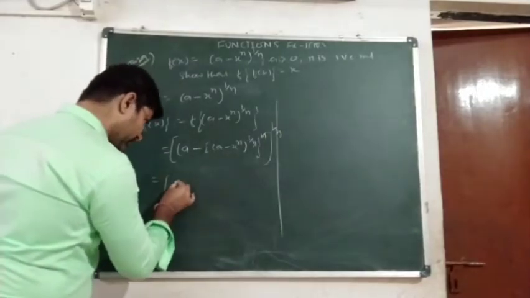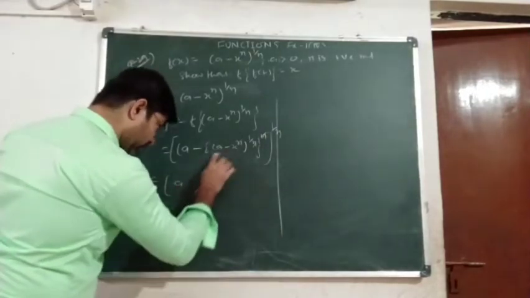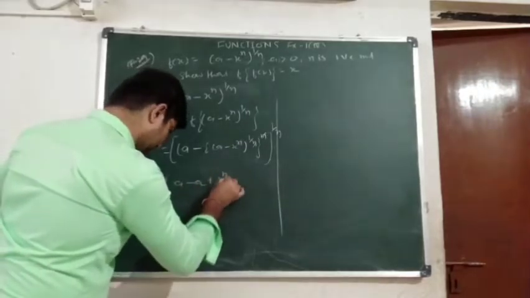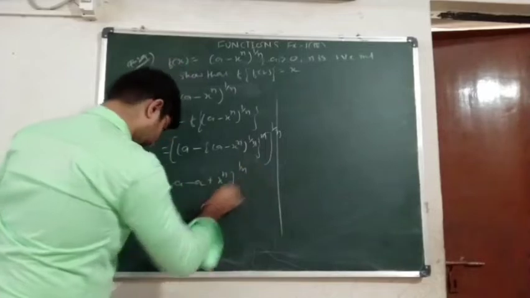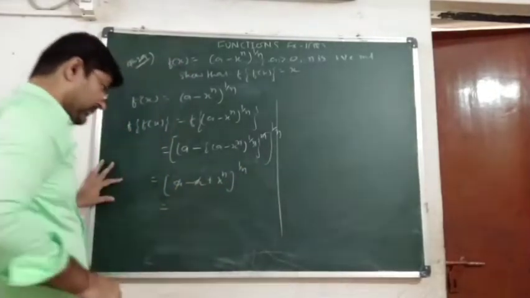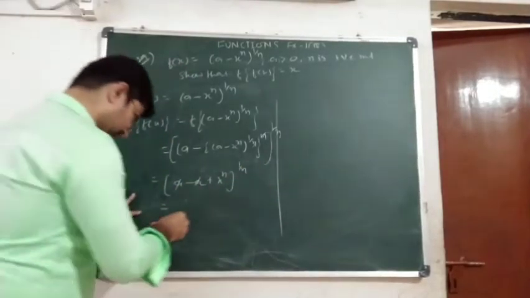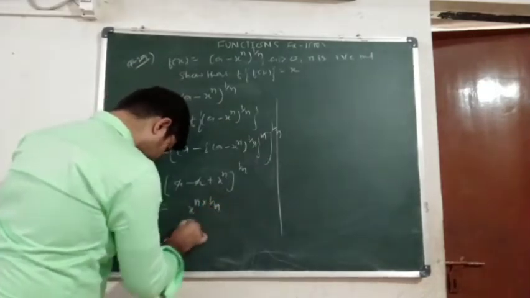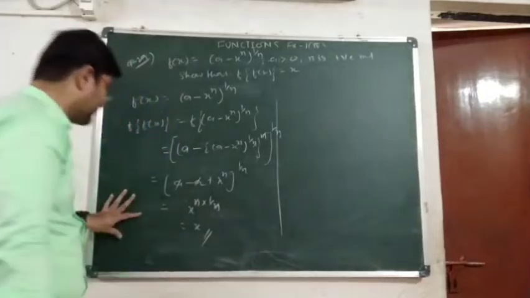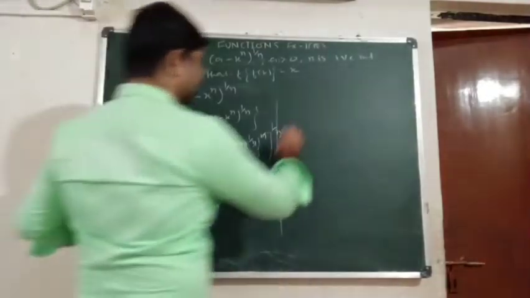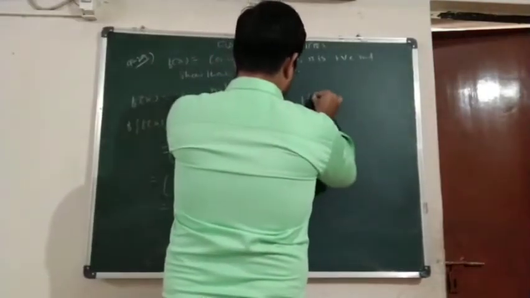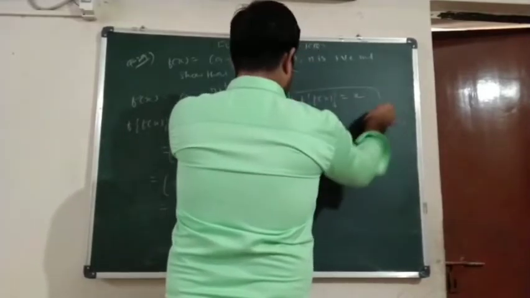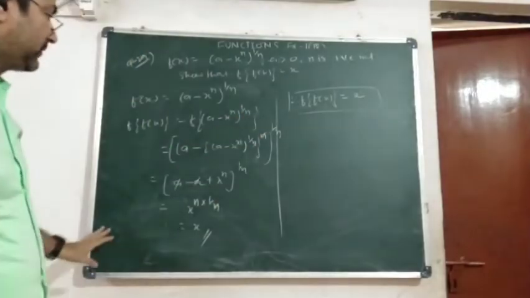So we will get a minus, open this bracket, signs will be changed, so a minus a plus x raised to n, raised to 1 by n. Okay, this will also get cancelled, a minus a. So we are left with x raised to n raised to 1 by n. So finally we will get x, and therefore f of f of x is equal to x. Please write down.